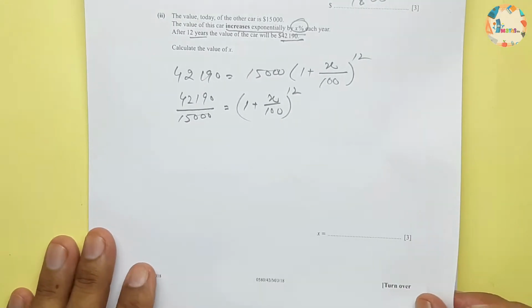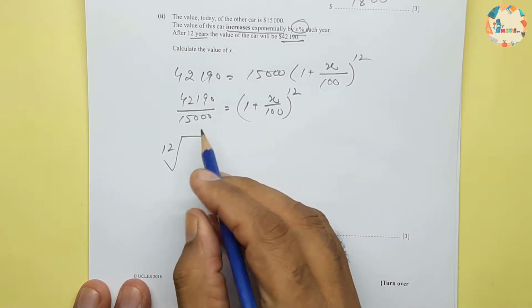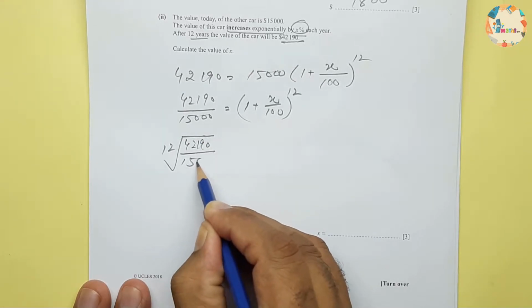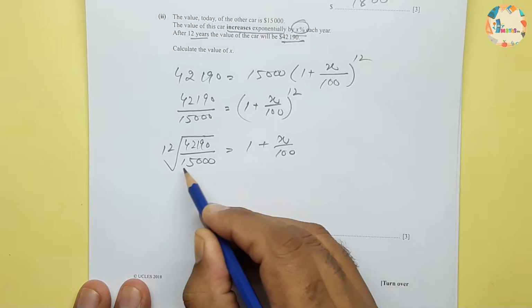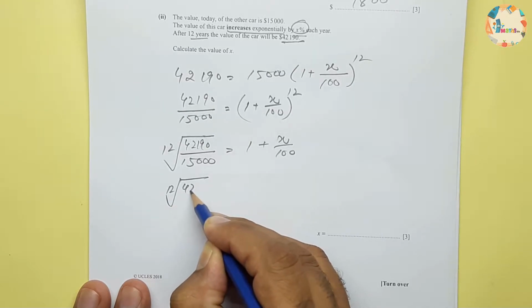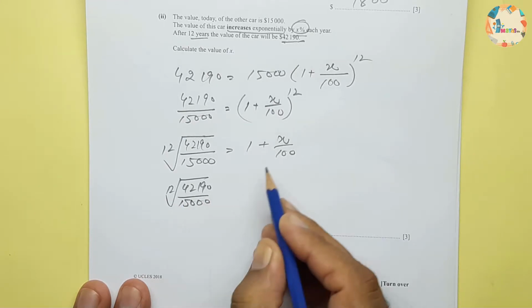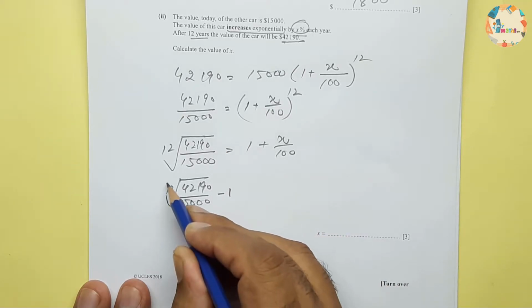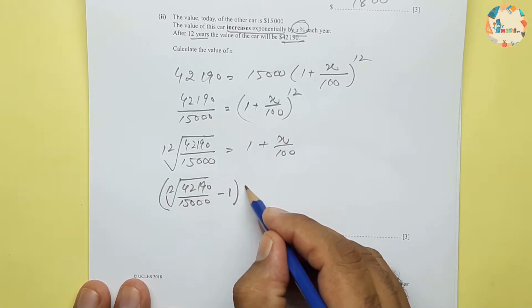Now we can remove the power and take the 12th root over here. 42190 divided by 15000 will be equal to 1 plus x over 100, and now we can shift 1 to the other side, and that will be the 12th root over here. 42190 divided by 15000, and this minus 1 to the other side, and we can then shift 100 also to the other side, so it will be multiplied by 100.